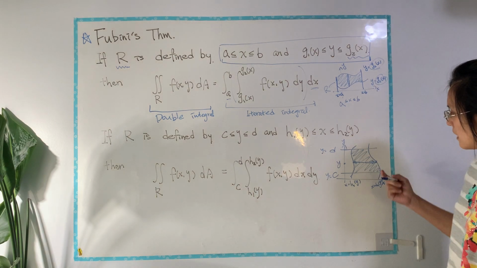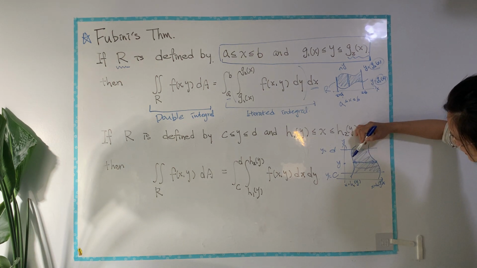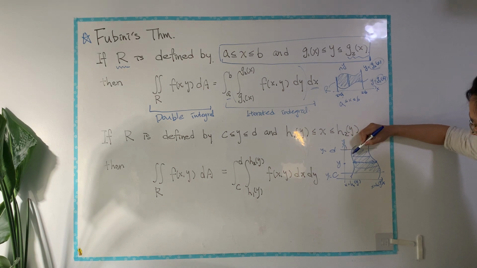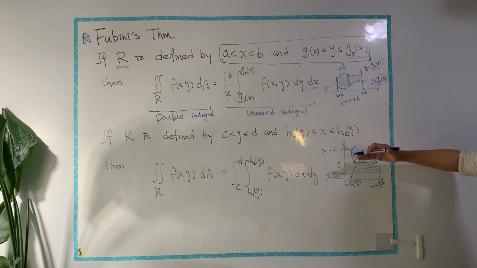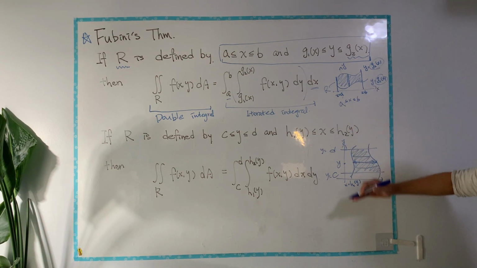In this case you can see that you are slicing the region along the x direction first, and then you're going to scan it through the y direction, right?